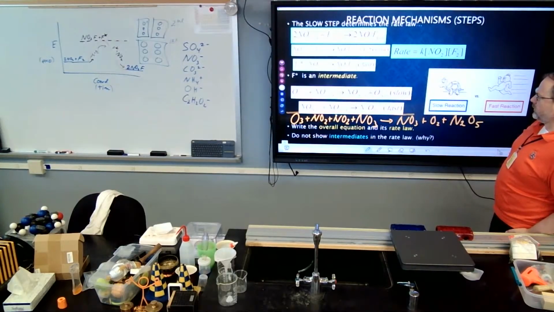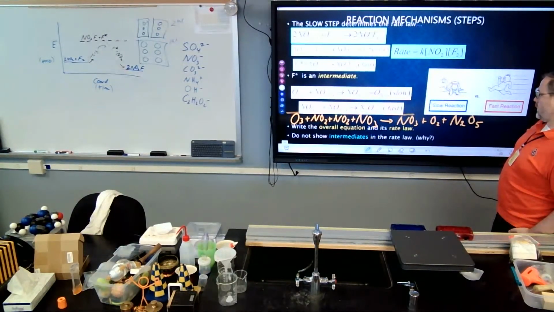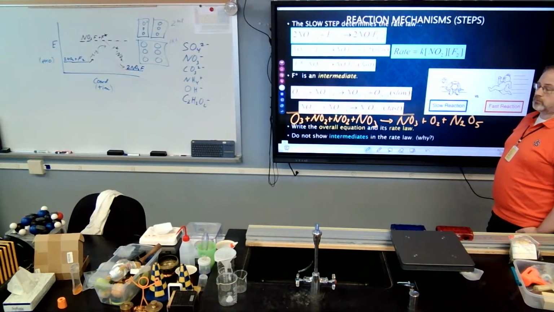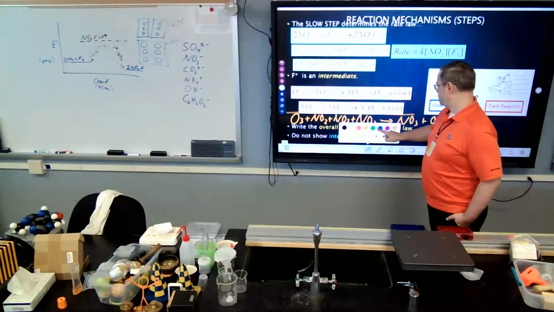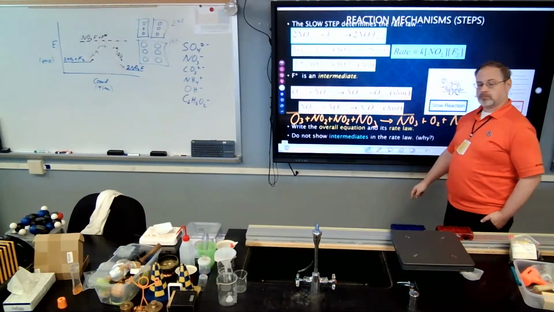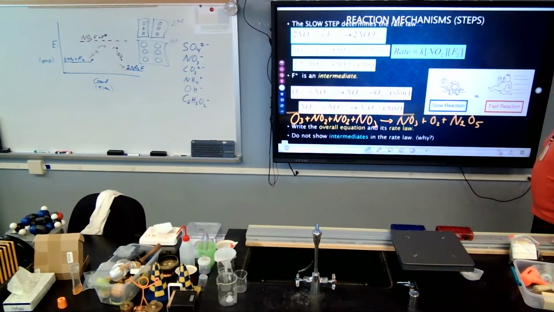To get all the pieces: O3, NO2, NO2, NO3, NO3, O2, N2O5. So it produces N2O5 and then O2.